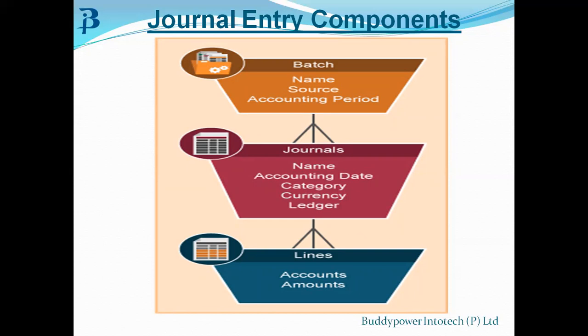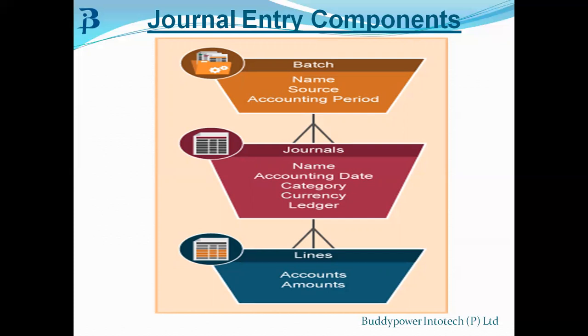Even if you don't want to enter batch information in the system, you can enter a journal directly. The general ledger will create a batch for the entry automatically, using the source manual combined with a unique batch ID.